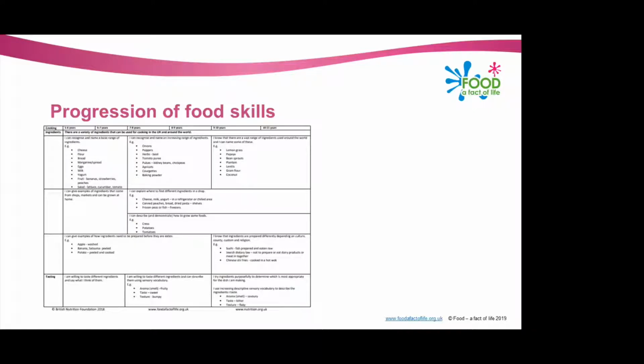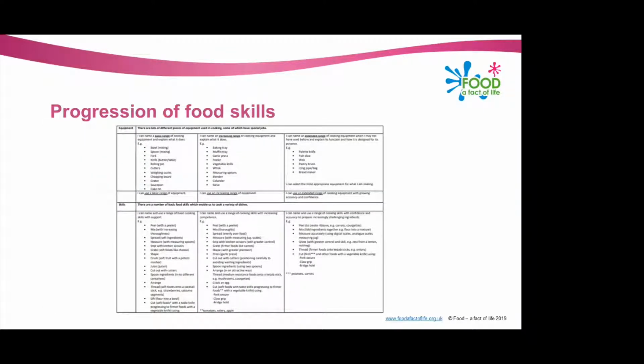But you can see here what we've done at BNF is to show this progression in food skills, and we've taken it one level. Think about, well, what types of ingredients, these are only examples, would we use and introduce, and how we would move those through, and what would they learn by doing that. We've also thought about tasting, so not quite sensory evaluation, but how we might push that forward too.